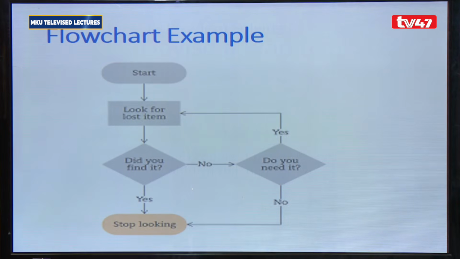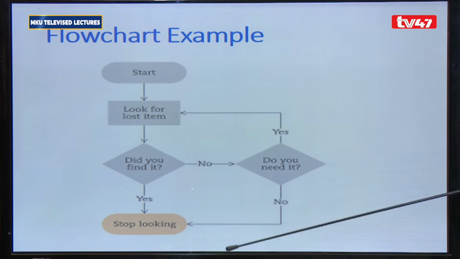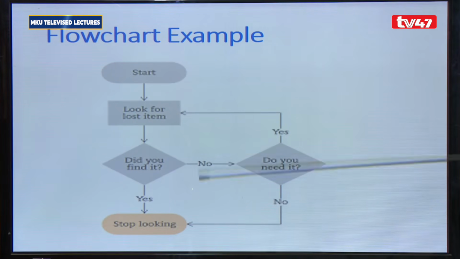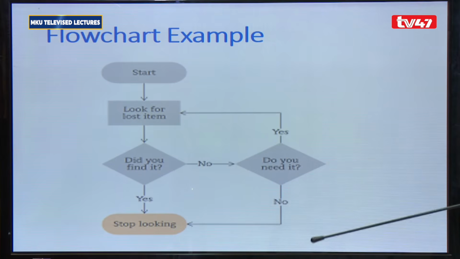Now we have an example of a flowchart. We have said a flowchart is a graphical representation of the steps that we follow in order to reach a particular solution, or in order to solve a particular problem.